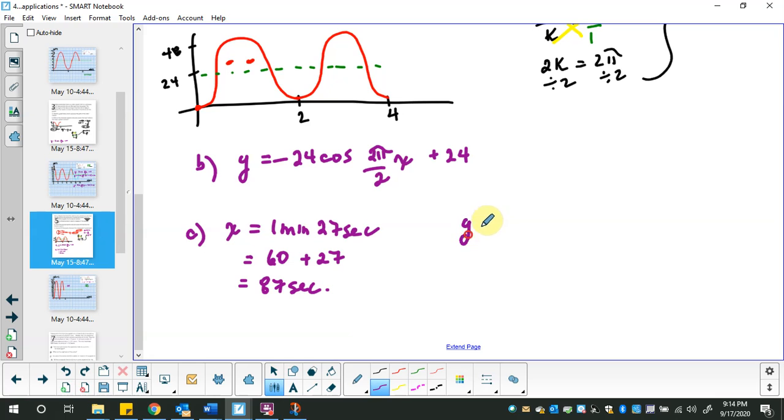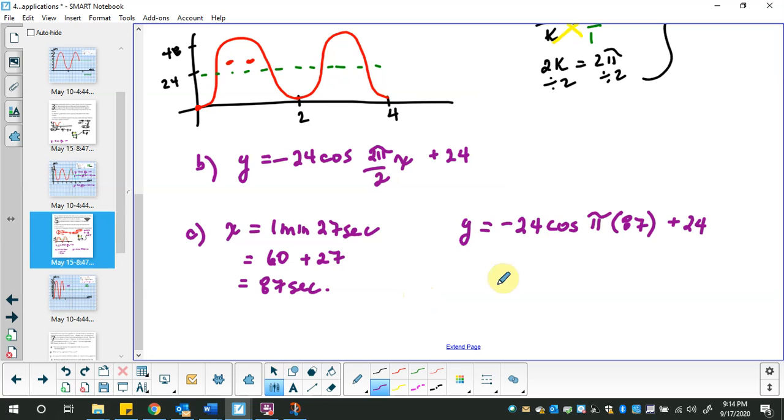So y equals negative 24 cos. I'm going to make that a pi because it's unimportant at this point, because the 2 over 2 will cancel out, and I want a little bit less writing. Now, this is where you have to go back to degrees and radians.